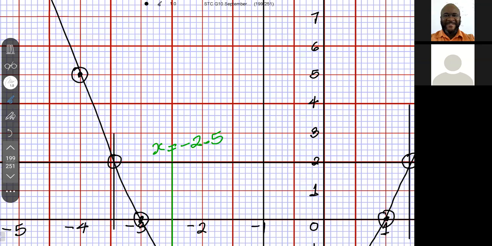Guys, this is what it looks like to me. This looks like minus 3.45. It doesn't reach -3.5 yet. It's between -3.4 and -3.5. So it's -3.45.